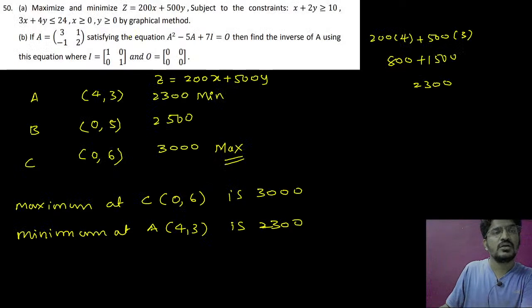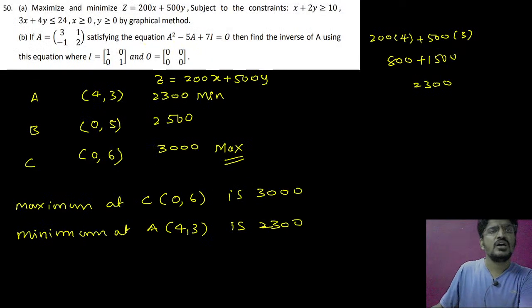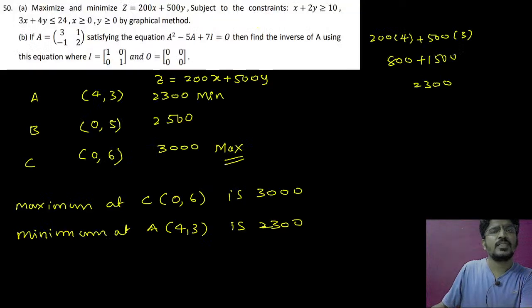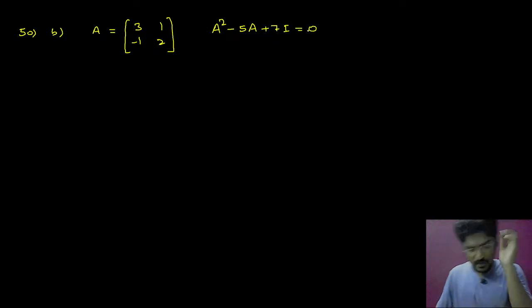So that is 50th problem B. What is A? A is 3, 1, minus 1, 2, and it satisfies the equation A square minus 5A plus 7I equal to 0. Okay.